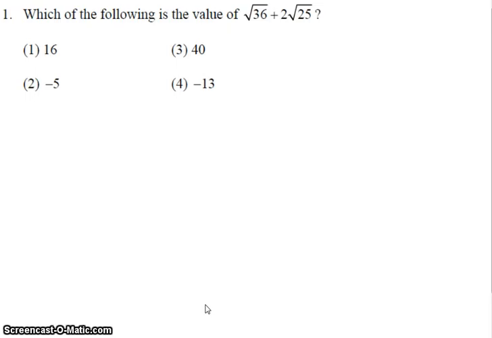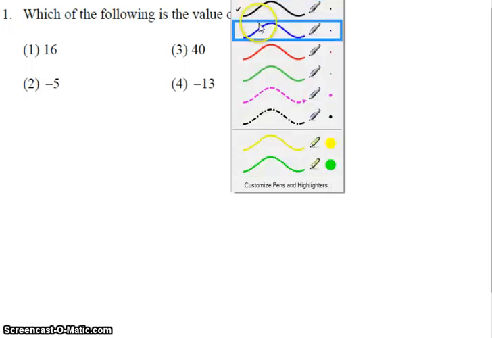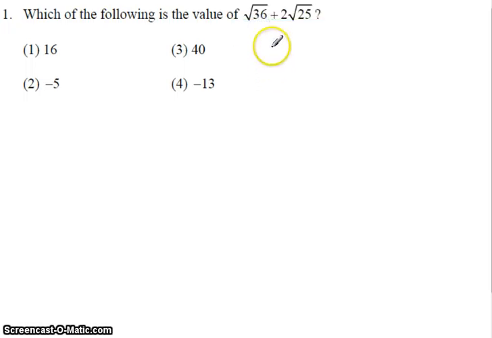Alright, number 1. Which of the following is the value of the square root of 36 plus 2 square roots of 25? When you see square roots, you kind of want to break it down into simplest radical form, but don't look past easy stuff here. The square root of 36 is just 6.